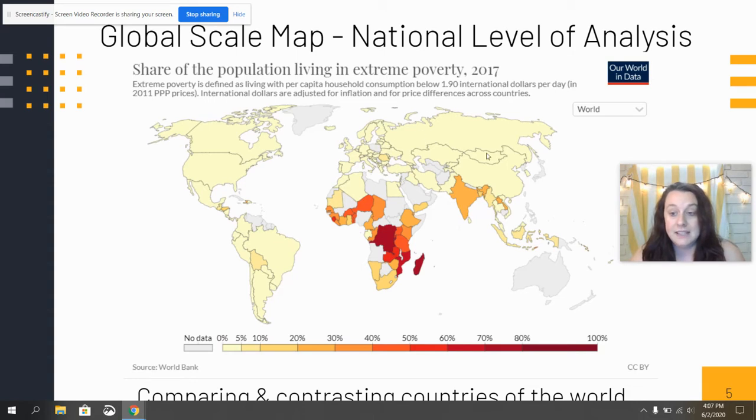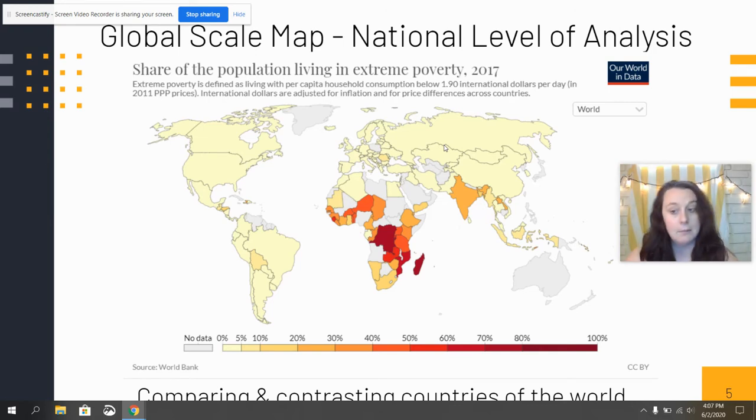This is because even though I'm looking at the whole globe, it is being broken down by country lines, or boundaries. Global scale maps are really useful, even if they're showing a national scale of analysis, to compare and contrast countries all around the world.